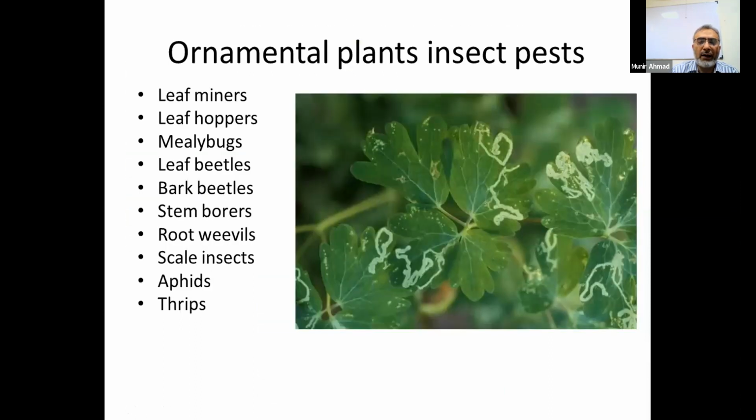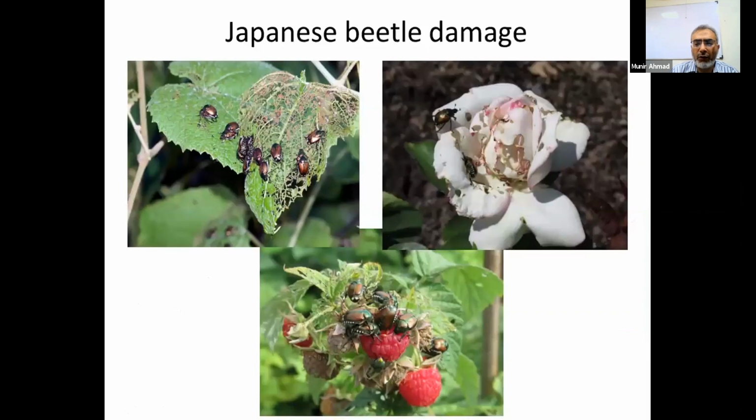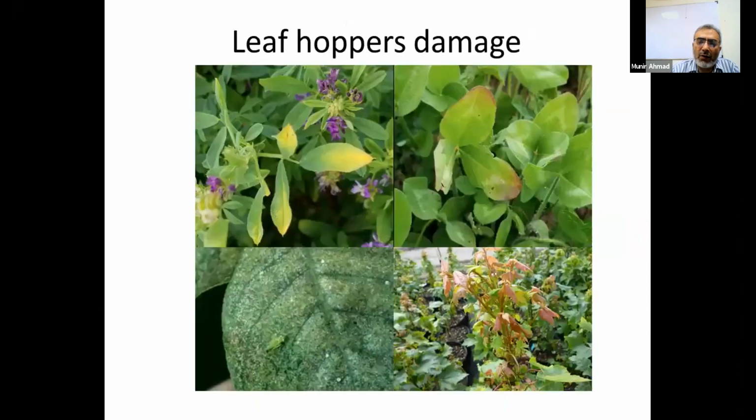They will come, and a few of them I have shown with their damages. Like these are the Japanese beetles. Here we see that they have damaged the fruits, the leaves, and the flowers. So these are common. Next are the hoppers.